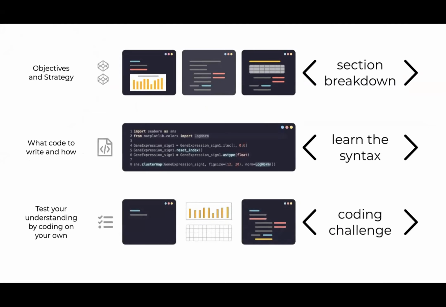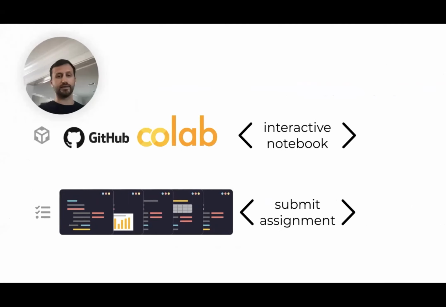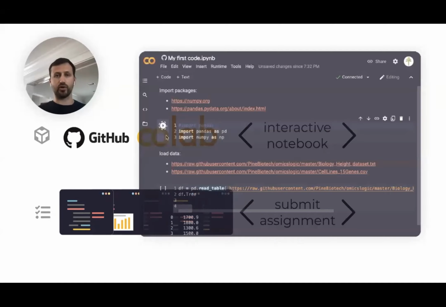For the coding challenges, you will get a link to a Jupyter notebook that will typically have some initial code. Once you look through that code, you'll be given an assignment on how to complete it, how to maybe take something that you've learned in the lesson, apply it, write it out in code, and make sure that code works.